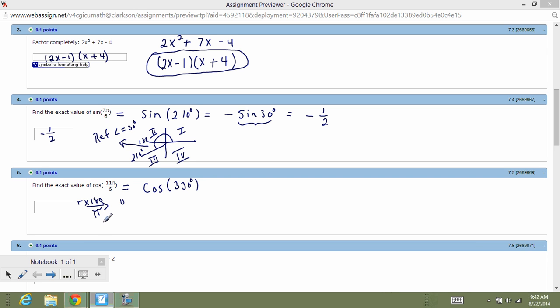So what that's going to look like is 11 pi over 6 times 180 and divided by pi. Well, of course, the pi values are going to cancel out. 6 divides 180 30 times. And then 11 times 30 is where we're getting that 330 degrees from.